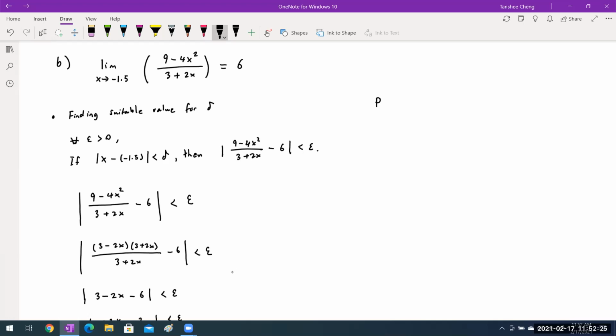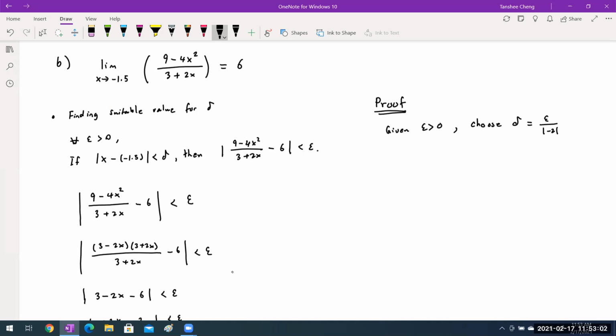So here's the actual proof. Remember, the first column we just did is only to find out what a suitable delta should be. So in the actual proof, given epsilon greater than 0, we're going to choose, for the following proof, for any epsilon value that is greater than 0, delta to be epsilon over the absolute value of negative 2. That will always work.